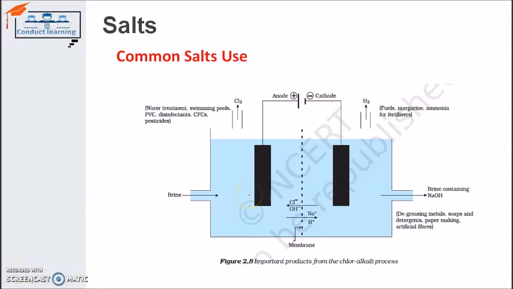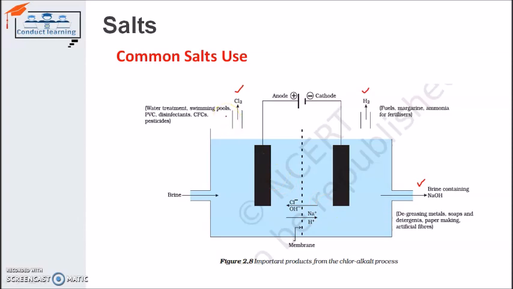When the reaction takes place, it forms chlorine gas, hydrogen gas, and NaOH, which is a base. Chlorine and OH contain the negative ion, so they will be attracted toward the anode, and sodium and hydrogen have the positive ion, so they will be attracted toward the cathode because of opposite charges.